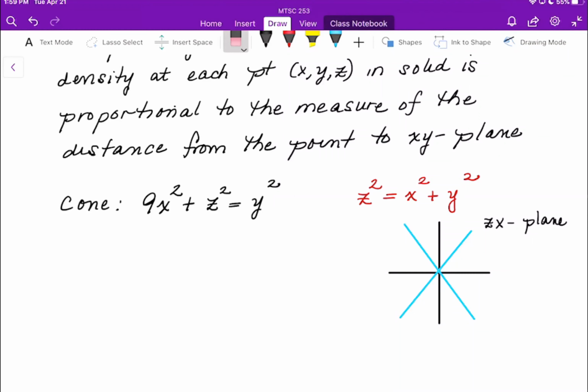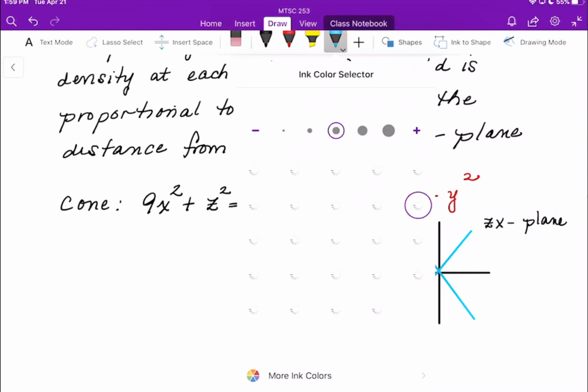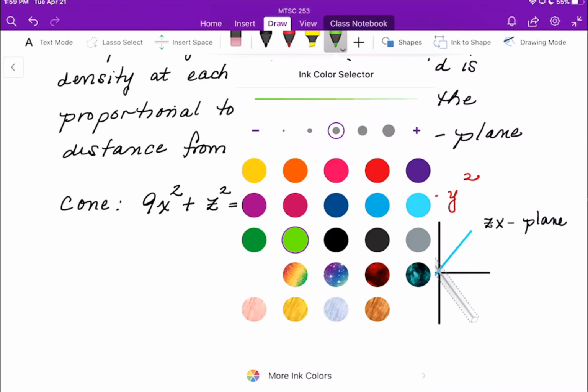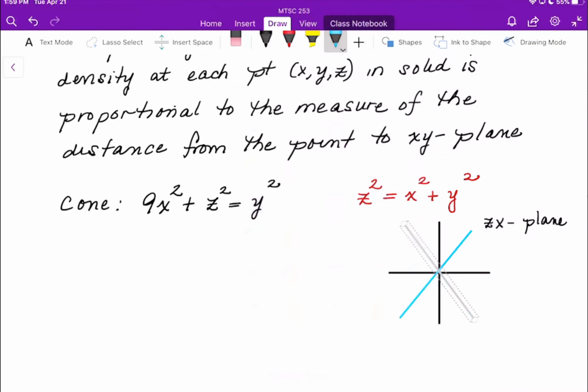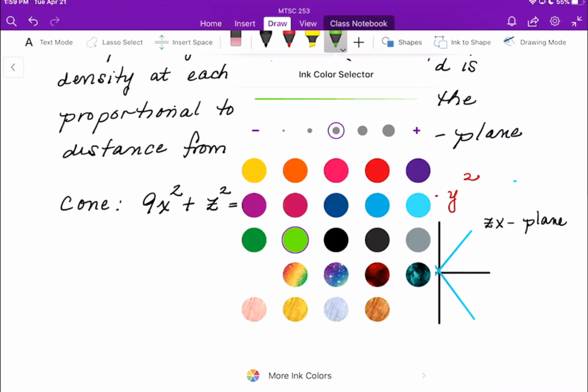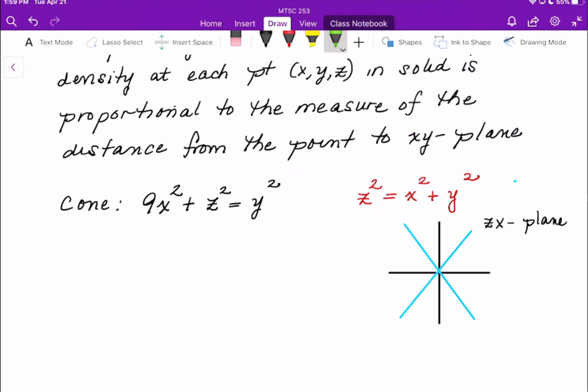In the zy plane, we got something that looked like this.